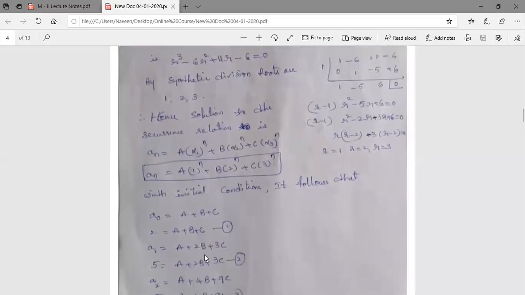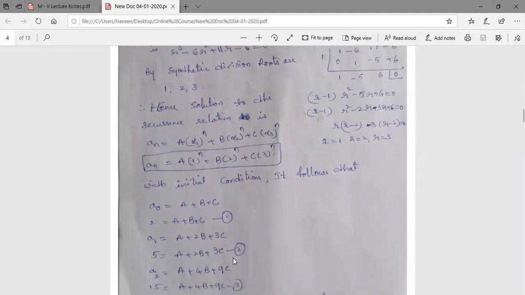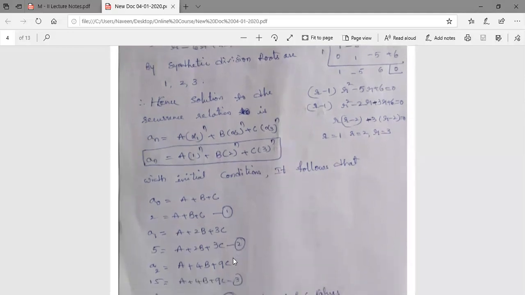By substituting n equal to 1, you get a_1 is equal to a plus 2b plus 3c, where a_1 is given as 5 in the problem. So substituting the a_1 value, we get the second equation: a plus 2b plus 3c is equal to 5. And next a_2 is equal to a plus 4b plus 9c.